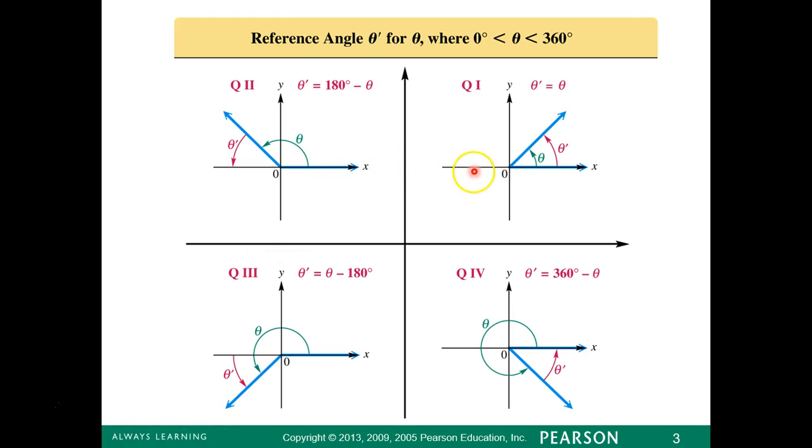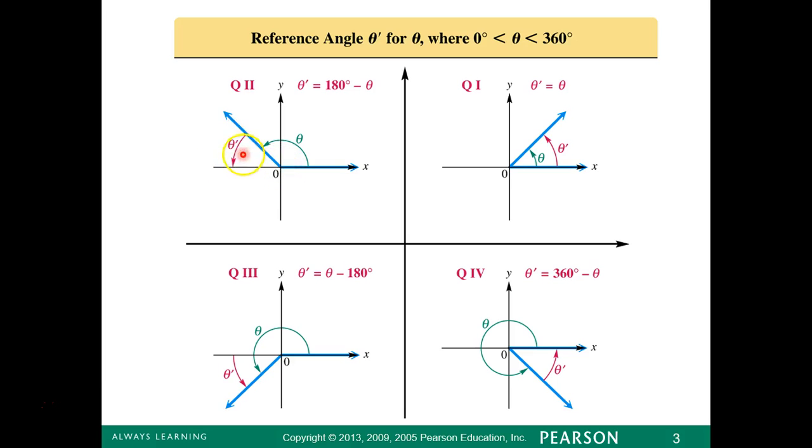All right, so if you are in quadrant 1, your reference angle and angle theta are always going to be the same. Your reference angle is always going to be an acute angle, something less than 90 degrees, somewhere between 0 and 90, I must say. And then if you are in quadrant 2, like this angle measurement right here, how you're going to find this reference angle is by saying 180, which is your 180 degrees on the XY axis, minus your theta.